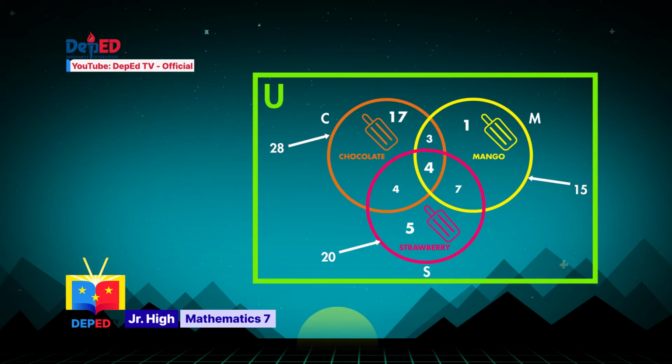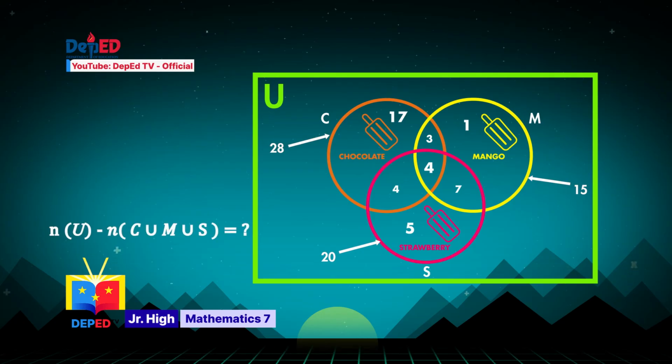This means also that there are other elements from the set not included within the three sets. So, where do we place the difference of N of U and the N of C union M union S? Okay, it will be written as the complement of C union M union S.